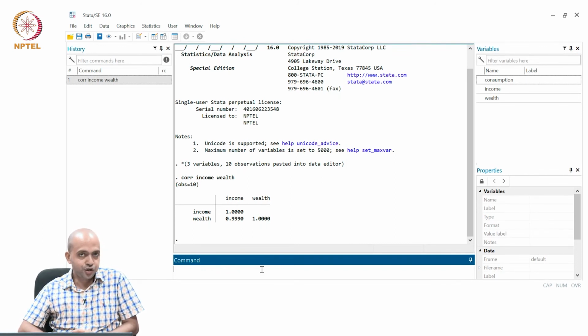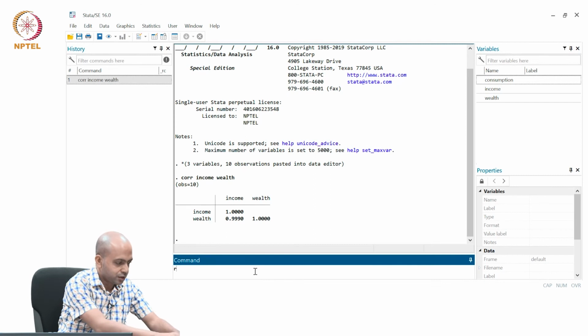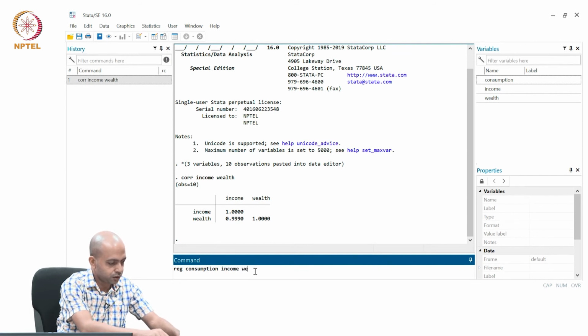The intercorrelation between income and wealth is actually 0.9990. So, that means almost 1. So, there is a high degree of multicollinearity. So, if you estimate the model in presence of multicollinearity, what will happen? Consumption, income and wealth.